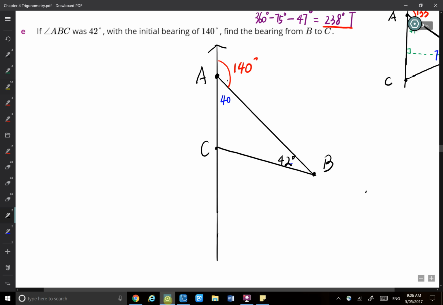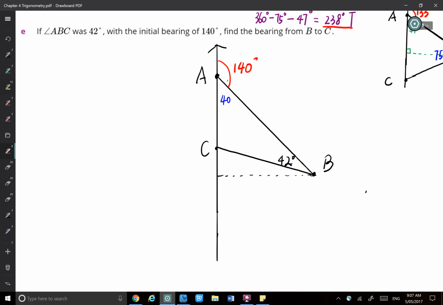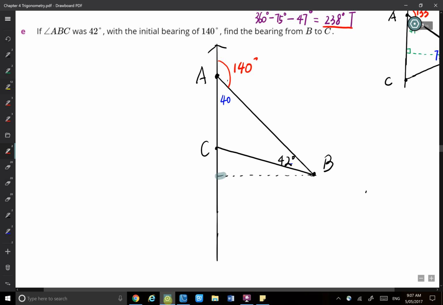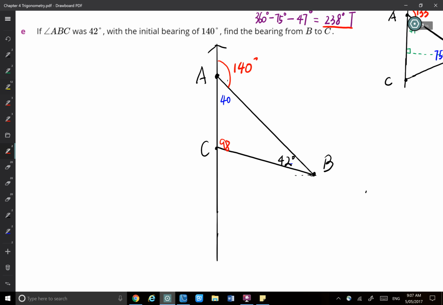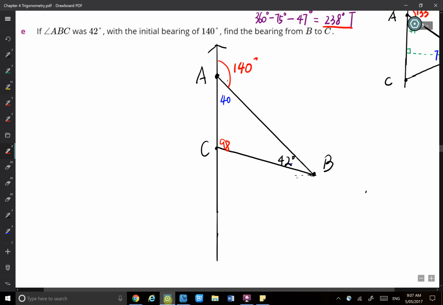You can't go across the horizontal line, because here is 50, so 42 needs to go up, and I reach point C. So what is the angle here? 80, 82, so 98. 98 is ACB.